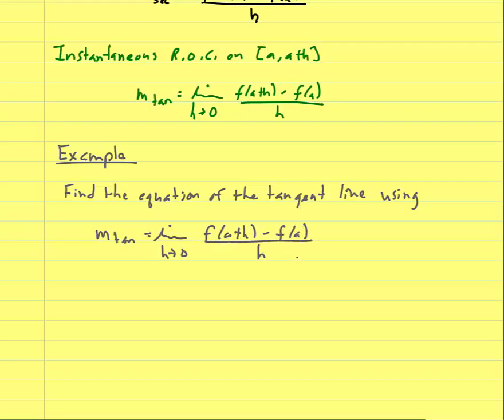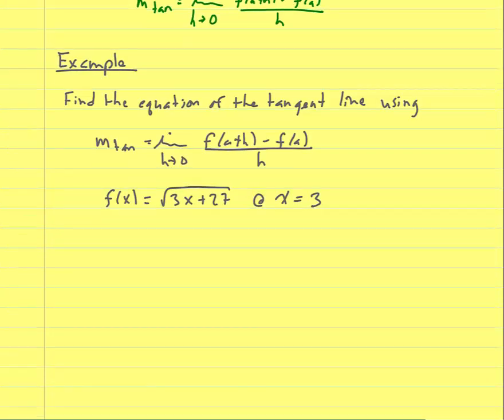Let's use f of x, and let's use a square root function this time, the square root of 3x plus 27, and let's do one a little bit different here, at x equals 3. If we wanted to, we could go back to our other method as well, but I want you to see how this works out too.